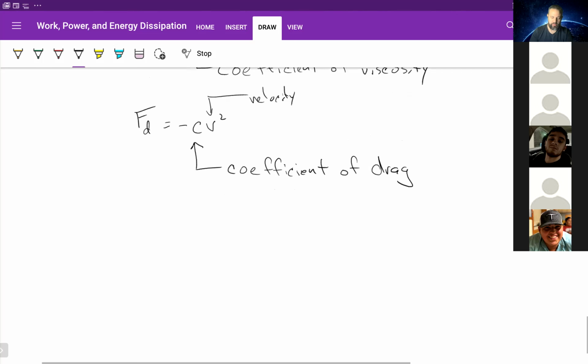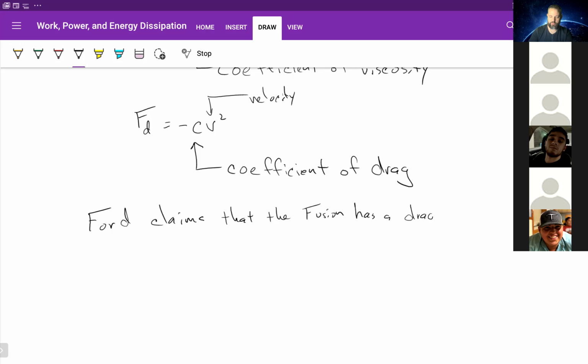Let's say, and this is old, I don't even know if these are real numbers, but Ford claims that the Fusion has a drag coefficient of 0.27.